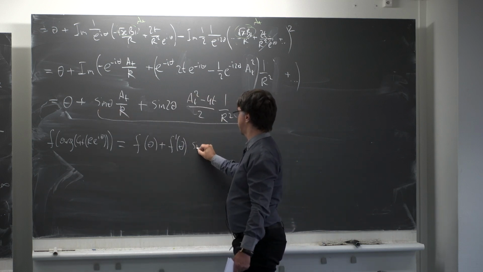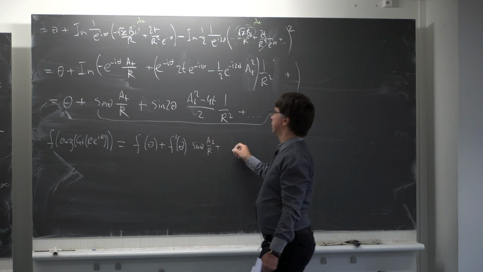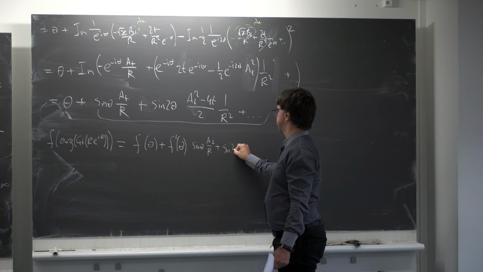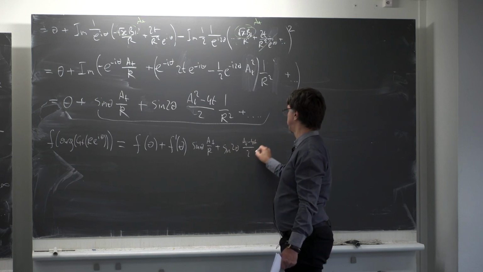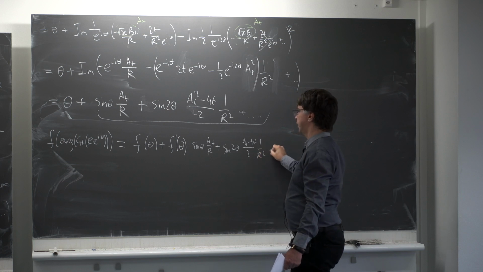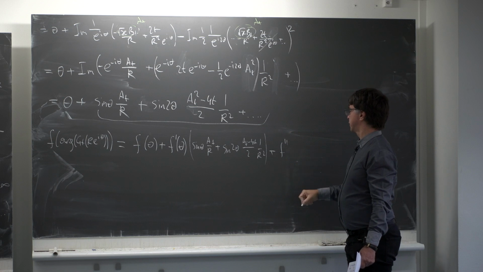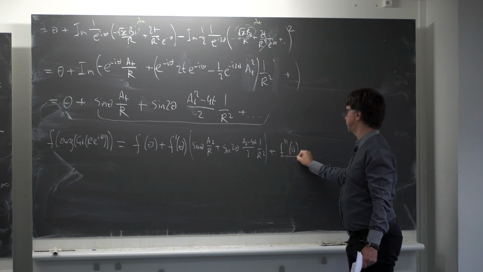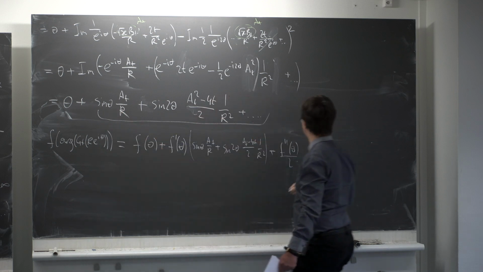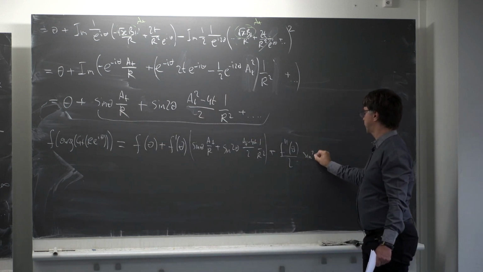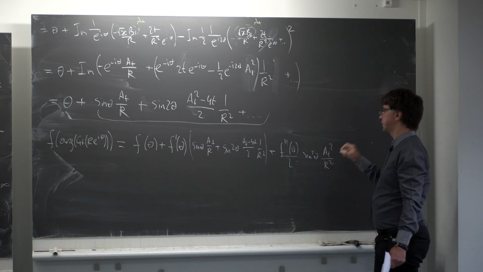So it's sine theta AT over r plus sine twice theta AT minus 4t over 2, 1 over r squared, and plus f prime prime, the second derivative, square of the increment, again the meaningful term, only the first one, sine squared theta AT squared over r squared.